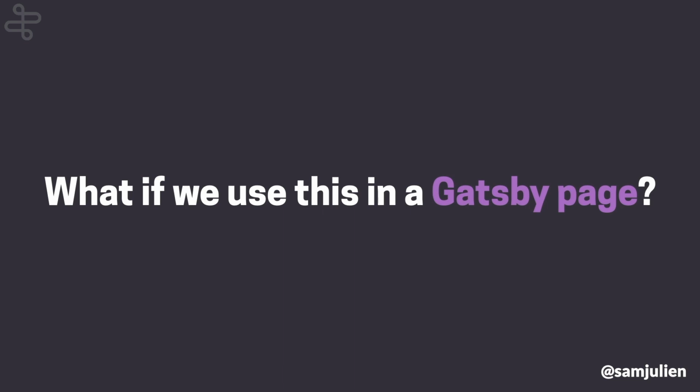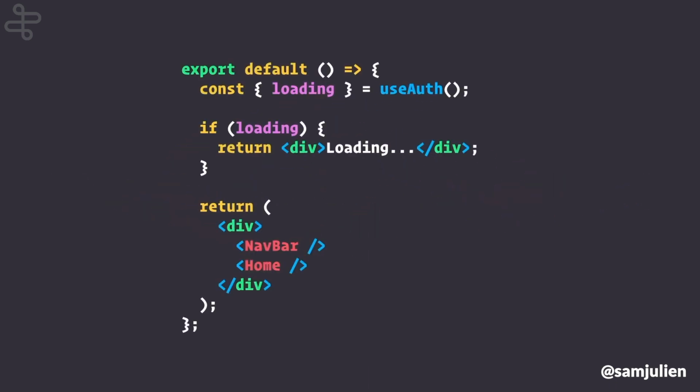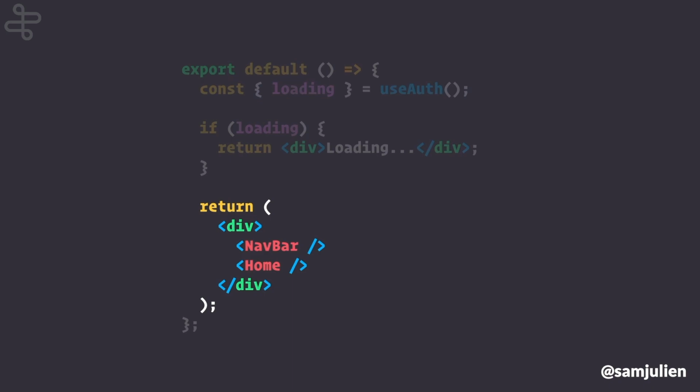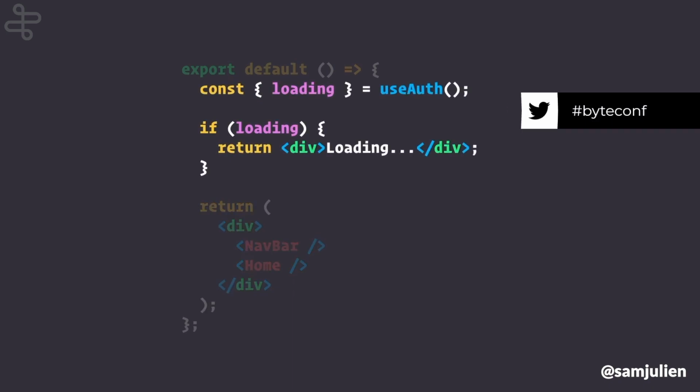Things get a little bit more complicated. When I say Gatsby page, I mean one of those JavaScript files in the pages directory that Gatsby just magically turns into a route. So these are going through the Gatsby build process. And so let's say we have index.js here, and that page uses the navbar, and on top of that, it uses the useAuth hook to go get that loading value that we have and then display a loading div.